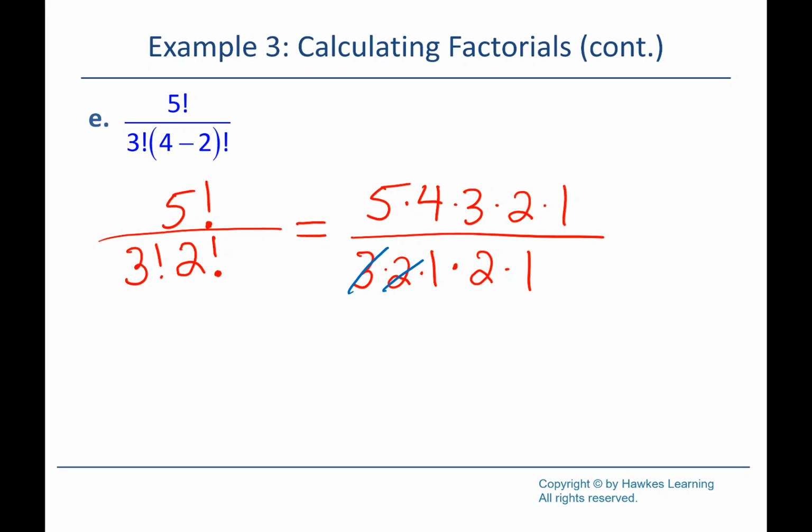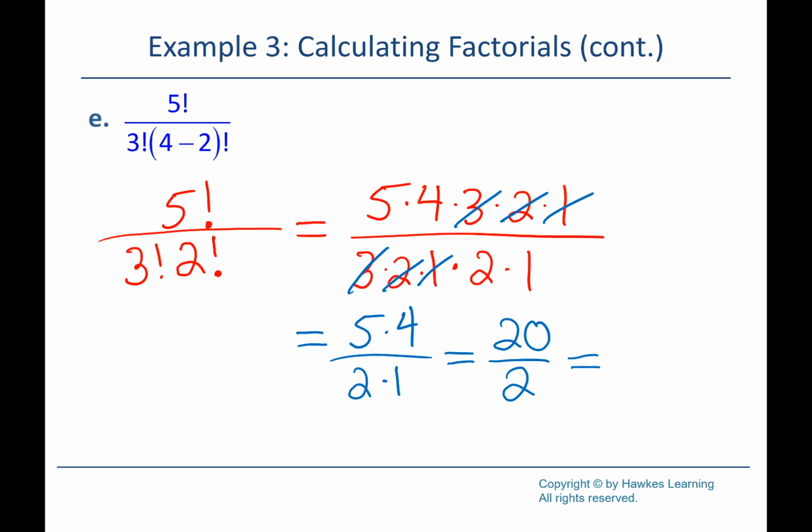Here I'm going to do the 3, 2, 1 with the 3, 2, 1. So what are we left with? On top, we've got 5 times 4. On bottom, we've got 2 times 1. That's 20 over 2. 10.